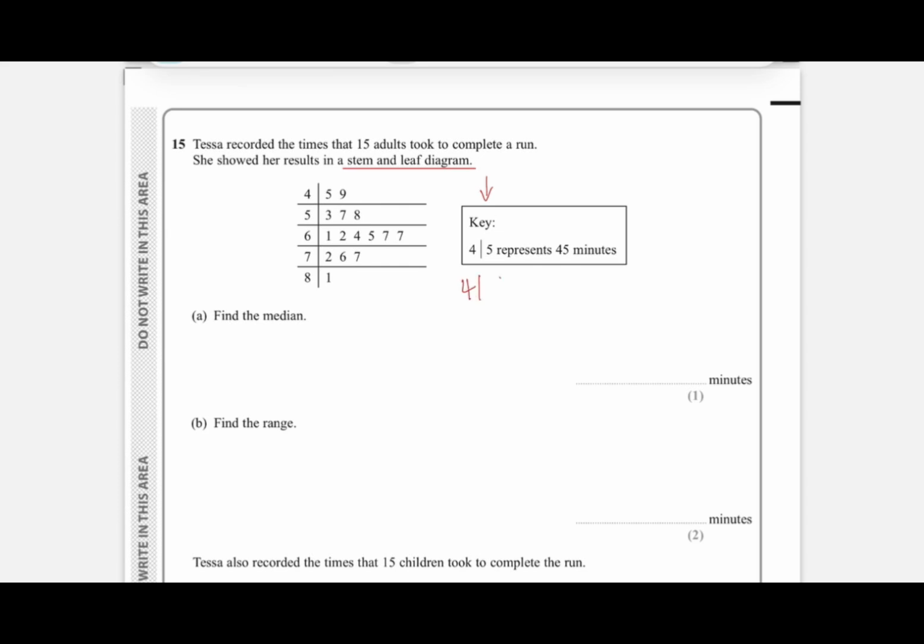So if you've got 4/6, that means 46. If you've got 4/7, it means 47. If you have a bigger number like 108, for example, so if you have the numbers 108, 109, 110, if you were to write this in the stem and leaf diagram, you would probably put the 10 on this side, and then put an 8, put a 9, and then for 110 you'd put the 0 here.